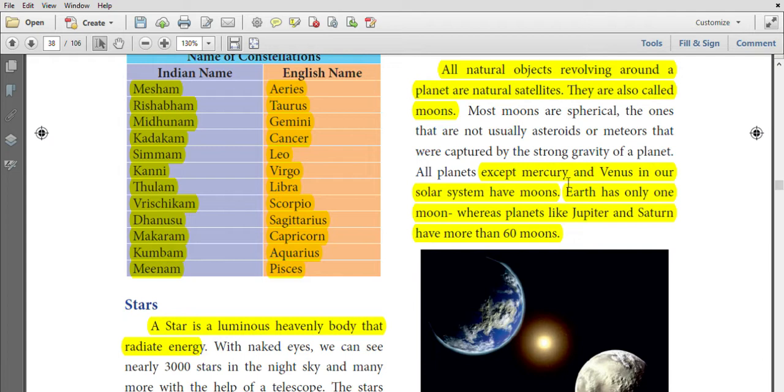Mercury and Venus do not have moons. Earth has only one moon, whereas planets like Jupiter and Saturn have more than 60 moons.